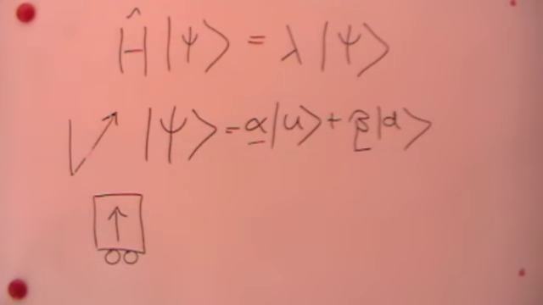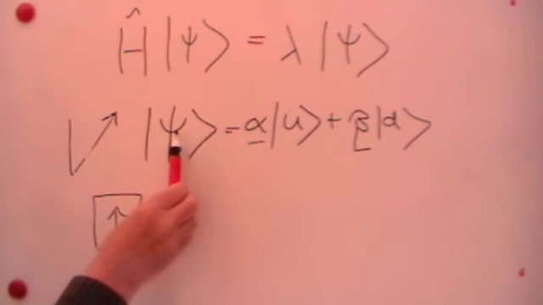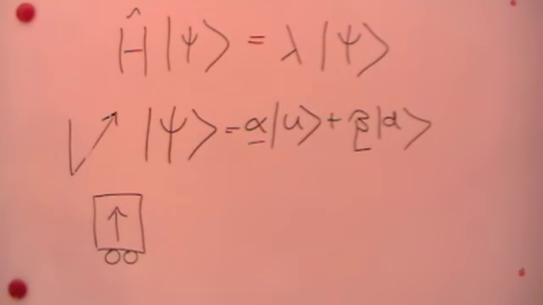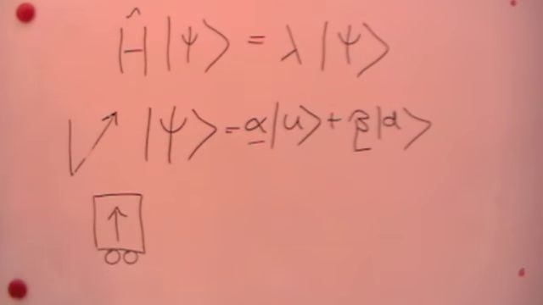And who decides? Well, certainly not me, and certainly not the equipment. Nature somehow makes the decision that even though the state of that electron is a little bit of up and a little bit of down, when it goes through my measuring device, it has to make a choice. And so therefore it chooses either to be up or to be down.